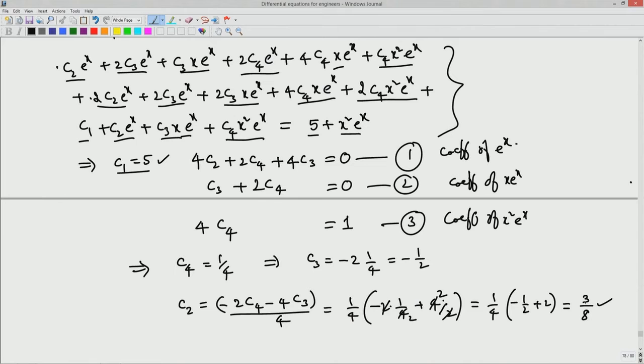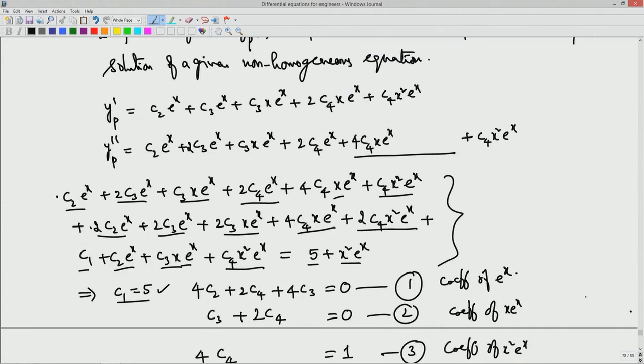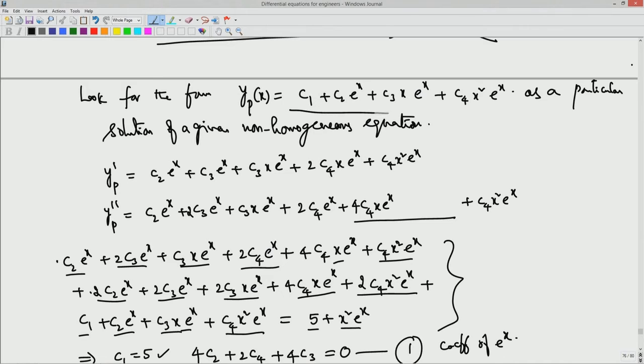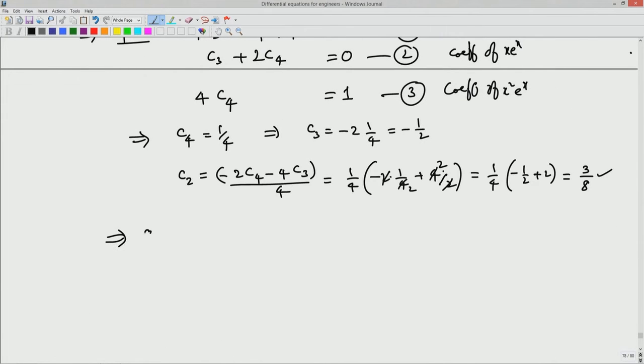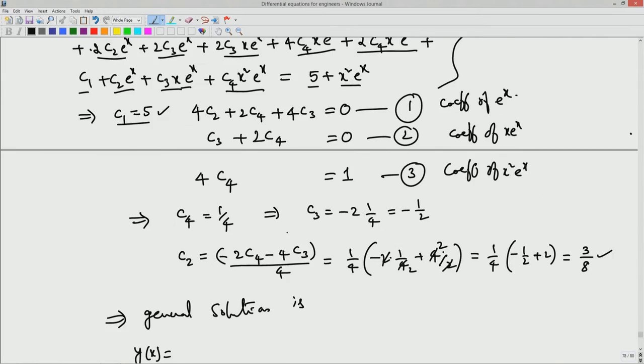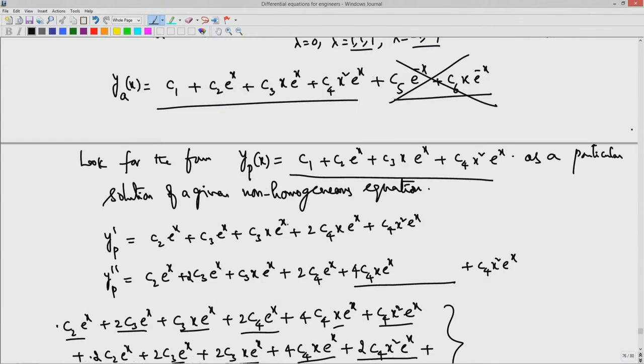So, having known all C2, C1, C3, C4, you can go and substitute into your YP. This is your solution. Okay. That implies the general solution of the given equation is y of x, which is, what is the general solution of the homogeneous equation which you cut off?